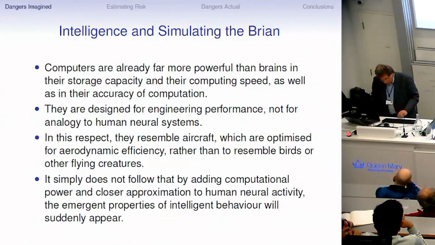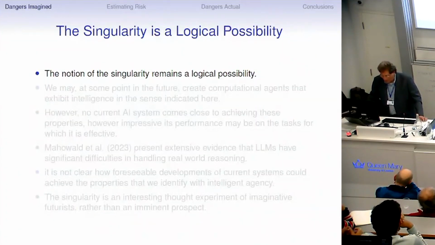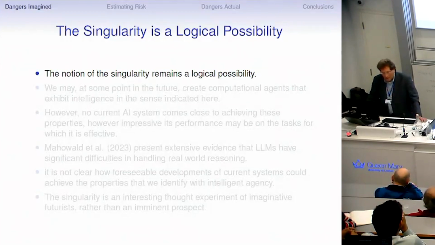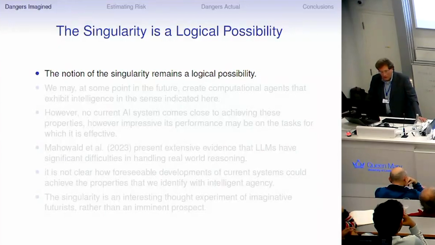The Frankenstein myth has actually greater credibility in that these are biological or formerly biological devices. All that said, you see why I can't take the notion of superintelligence as something threatening at this particular point. However, it is necessary to acknowledge that the notion of singularity is a logical possibility.